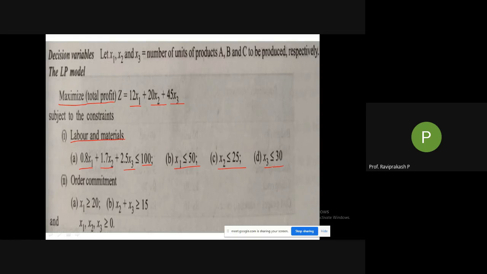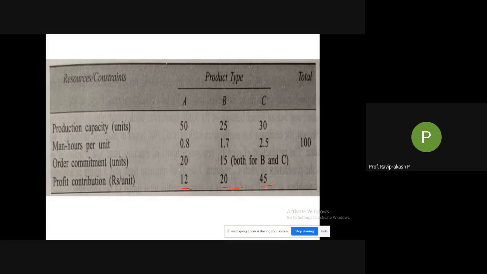So based on capacity, I am getting these three constraints. Then for order commitment, if you see here, for A it is 20 and for both B and C it is 15. So A is not less than, it is a minimum: 20 they need to be given, but the production capacity is 50.